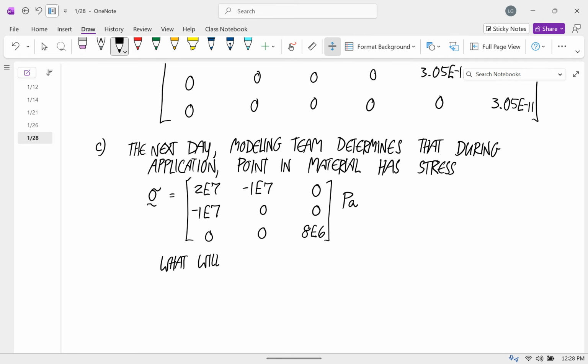And we want to know what the deformation is. So what will the Voigt strain be at that point? Okay.